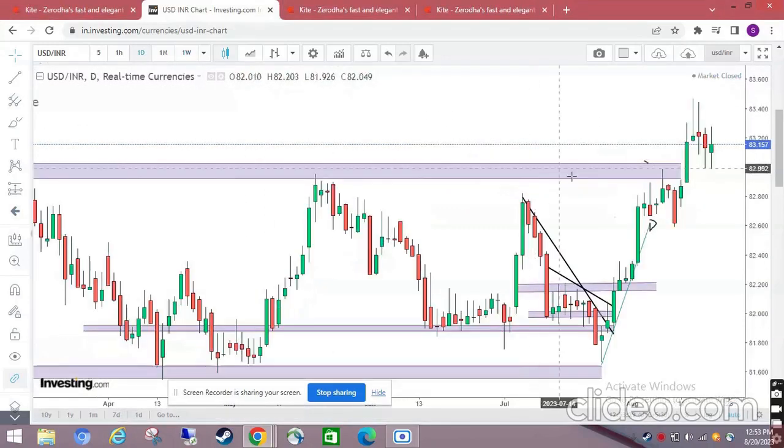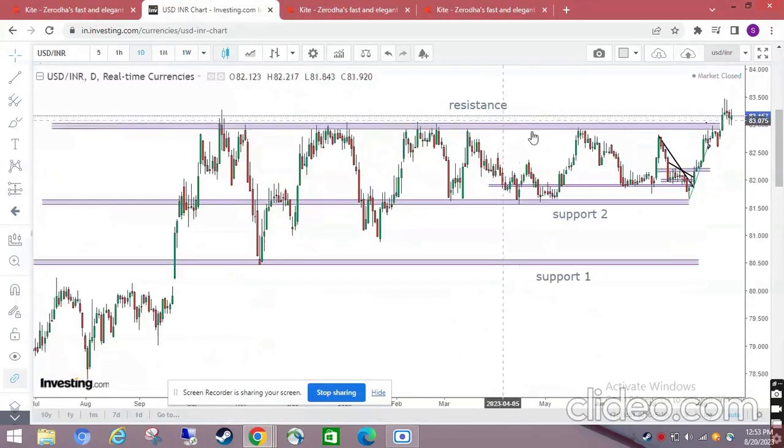If we look at the lower time frame, this was a resistance area for about 8 to 9 months. Finally this area has been broken, and it has gone up from there. After resistance is broken, you turn to the buy side.